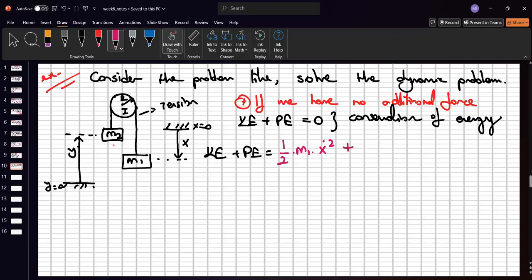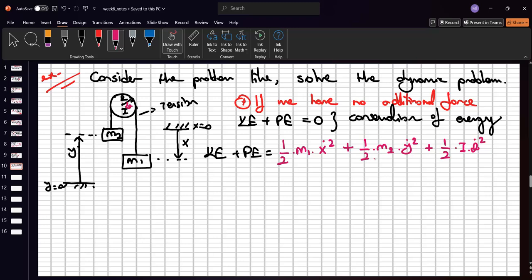But how we can define the M2 in here? 1 divided by 2 times M2 times y dot square. Yes. And also, which kind of kinetic energy is included in the system? Yes, rotational. And so plus 1 divided by 2 times I times theta dot square, right?